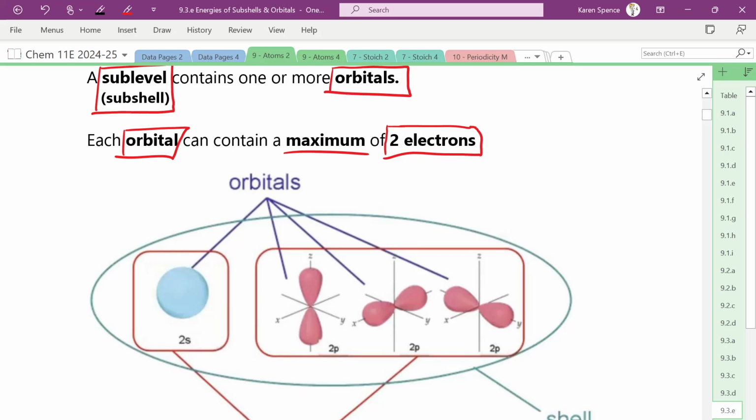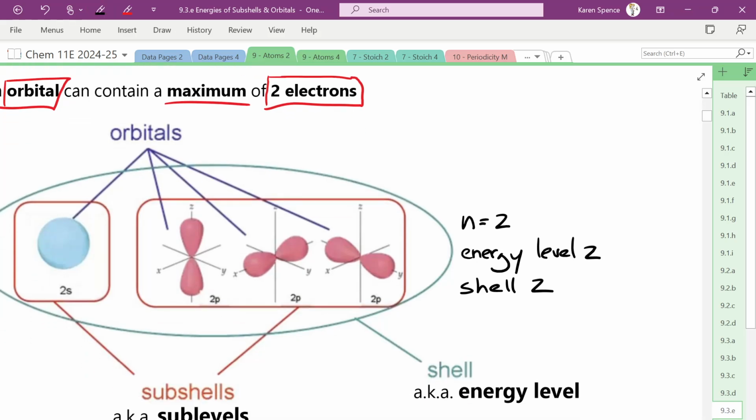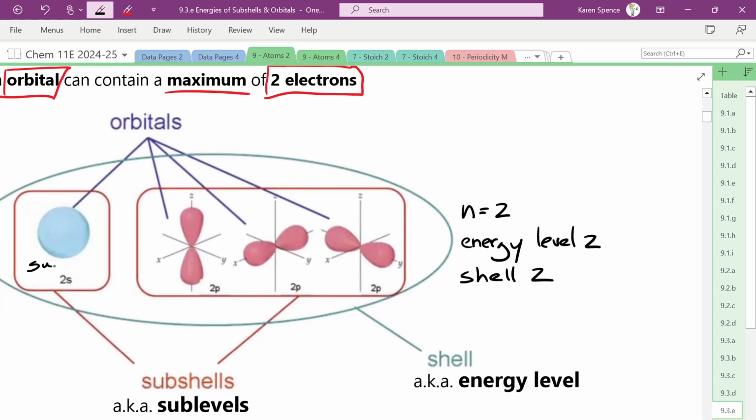So let's take a look at a set. We have here the n equals 2 energy level. So this is energy level 2, which is also known as shell 2. And within that energy level, we have the 2s subshell, and we have the 2p subshell.